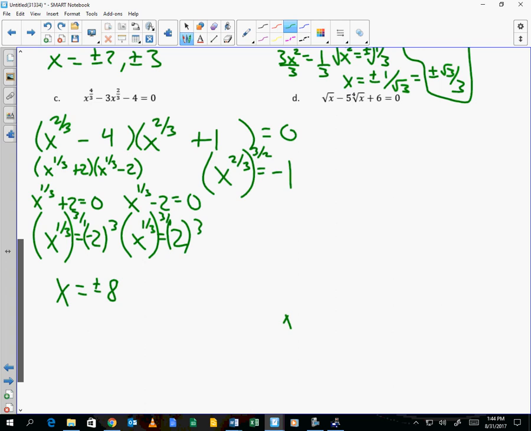And Gigi is seeing here that if you take an exponent to an exponent, you multiply. Well, yes, exactly. And because they are reciprocals, you get x to the 1. So I do negative 1 to the 3rd power. Negative 1. Square root of negative 1. I. Plus or minus.